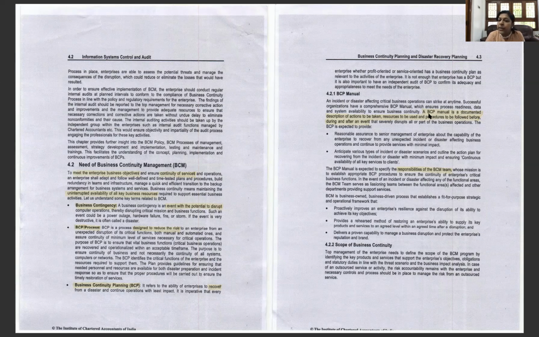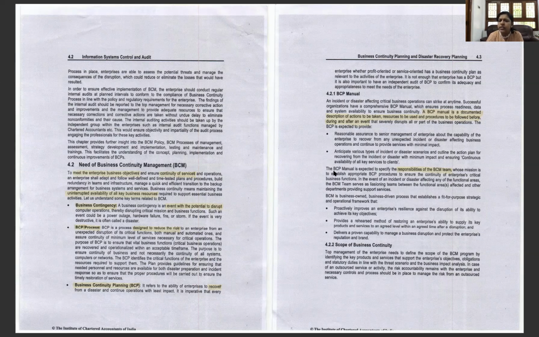So a BCP manual is a documented description of actions to be taken, resources to be used, and procedures to be followed before, during, and after an event.